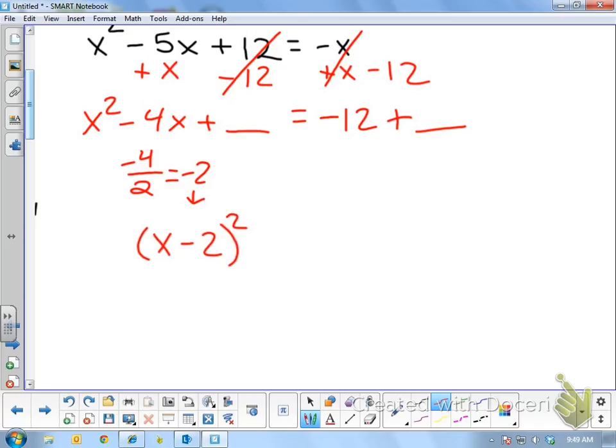So we actually find the number that goes down below first, and then we can find the number that goes in our blank spots. What did we have to do with this negative 2? We had to square it, which would give us 4. So negative 2 squared gives us positive 4, which goes here and in the other blank spot. What you do to one side, you have to do to the other.